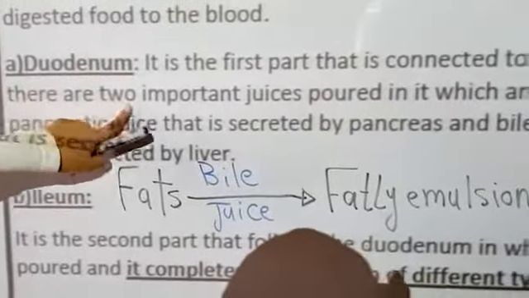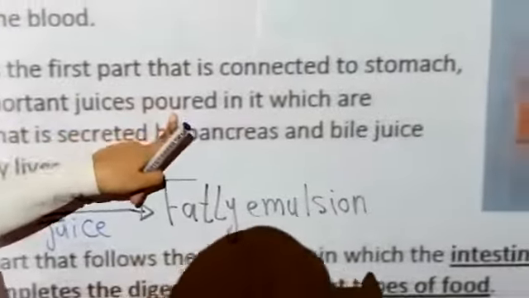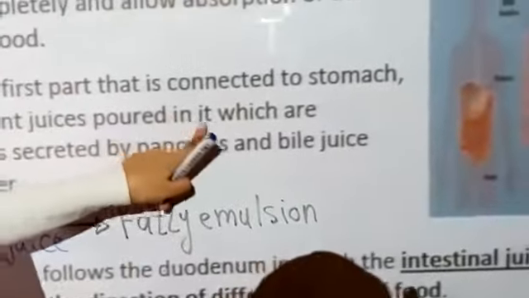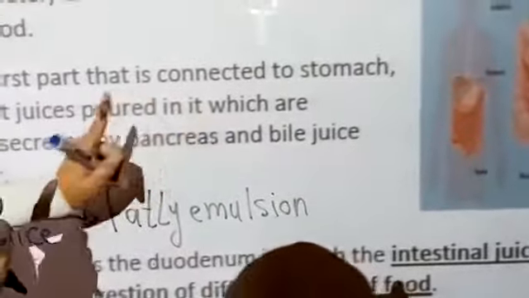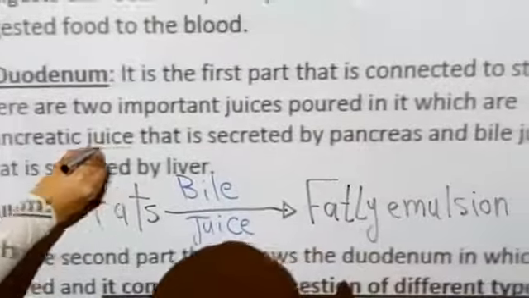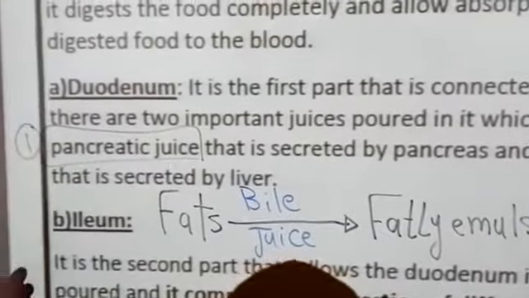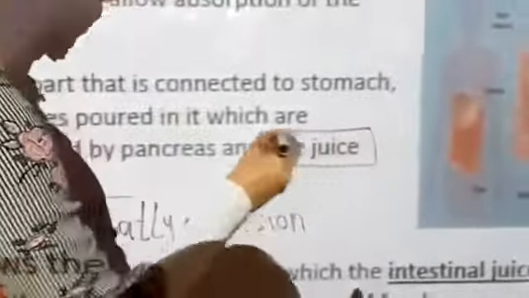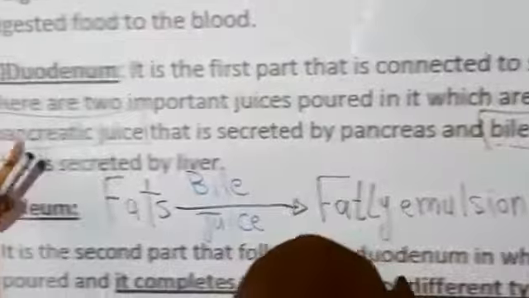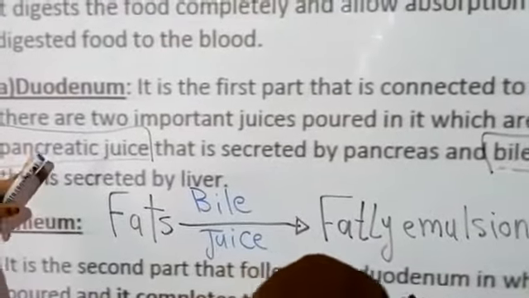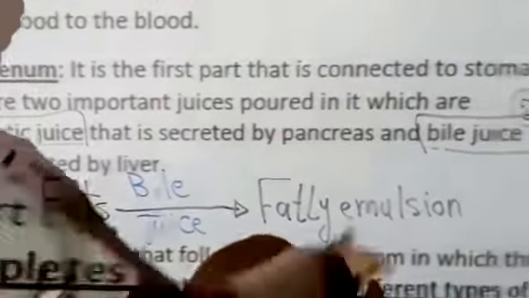There are 2 important juices poured or secreted in the duodenum. So, bile juice and pancreatic juice are secreted in the duodenum.